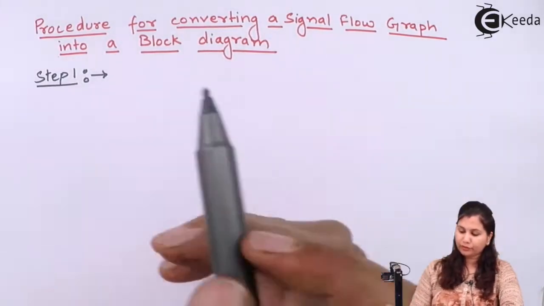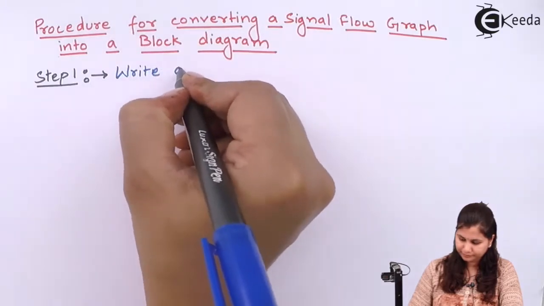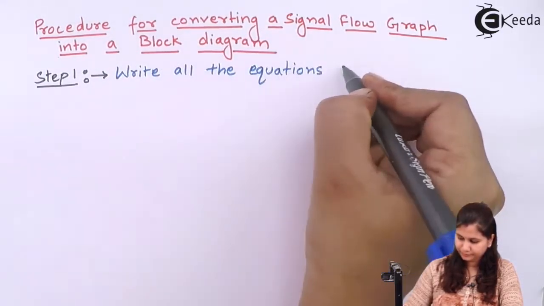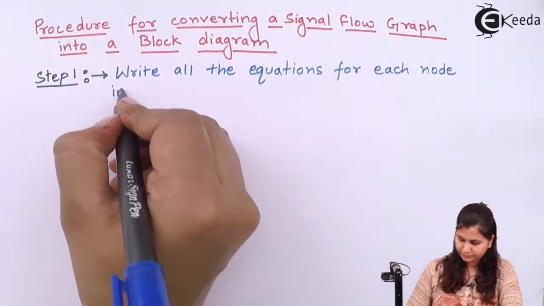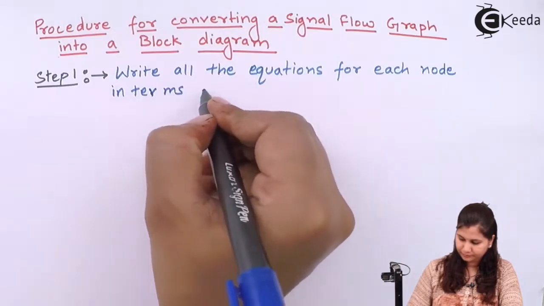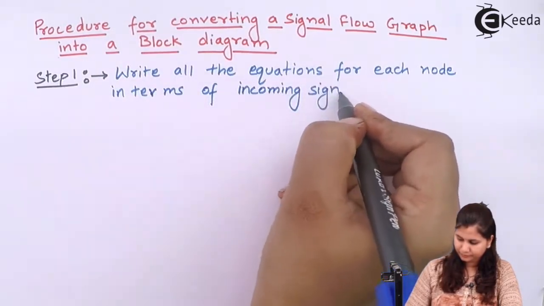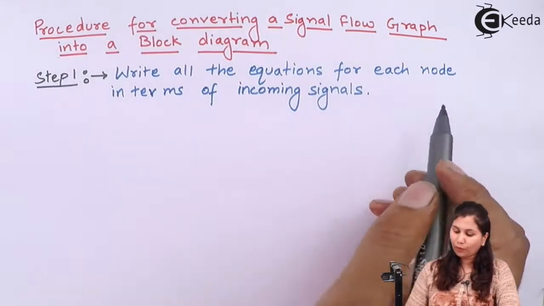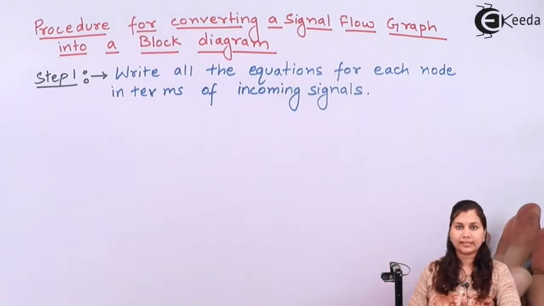For converting a signal flow graph into a block diagram, the first step is to write the equation for each node in terms of the incoming signals.